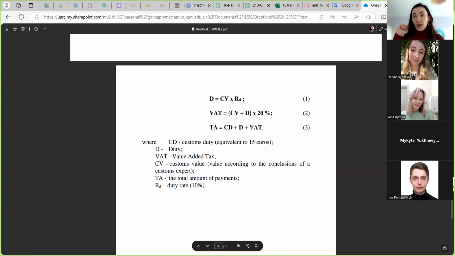But we also remember that we can't multiply by percent, we use 0.2. So the result of 18 we multiply by 0.2, and write is equal to, and find the result in hryvnias also.